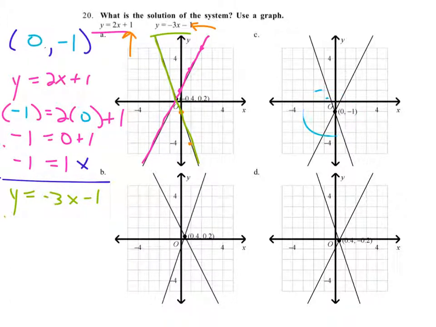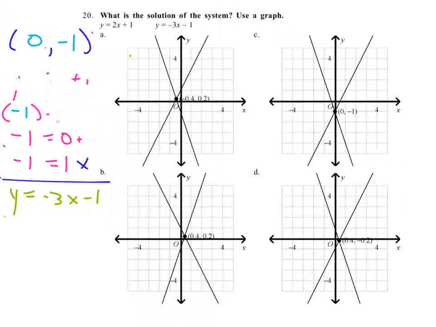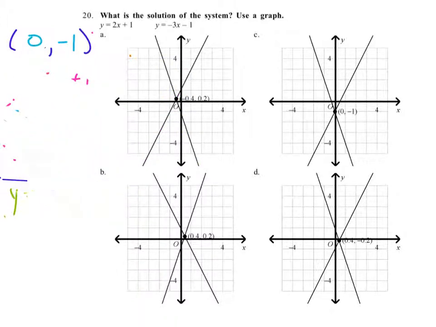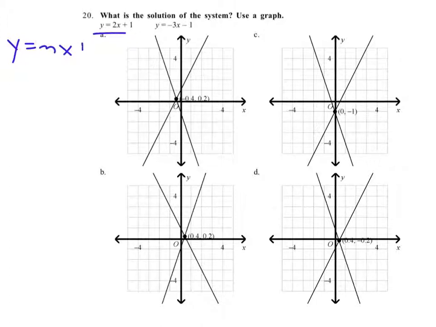Let me erase all of these extra marks and just mark this as the final answer. But essentially, these are quite easy if you know how to graph a line in slope-intercept form, which is the form that these equations are given in. Slope-intercept form, which is y equals mx plus b.